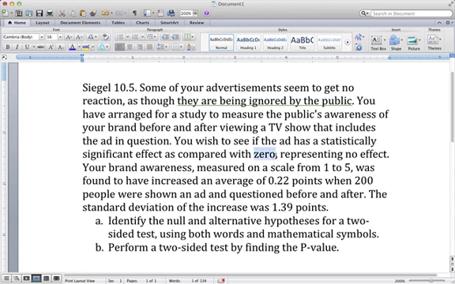Now, zero is really important here. Zero means no change. If I take your before measure and your after measure and I subtract them and it's zero, that means that the before measure was the same as the after measure and the ad had zero effect. So zero means no effect. Your brand awareness, measured on a 5-point scale, was found to have increased by such and such.